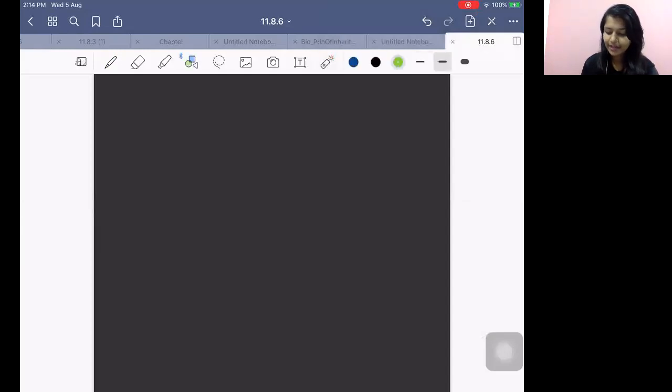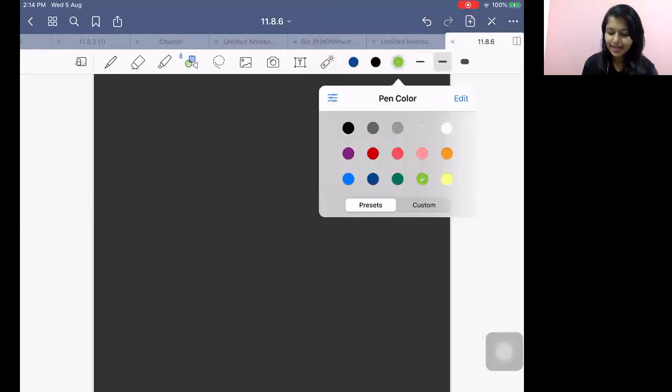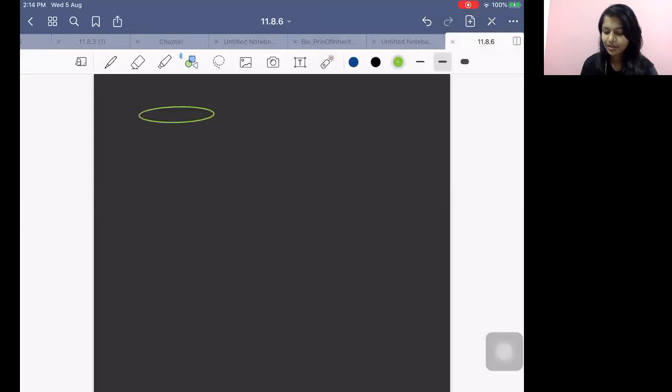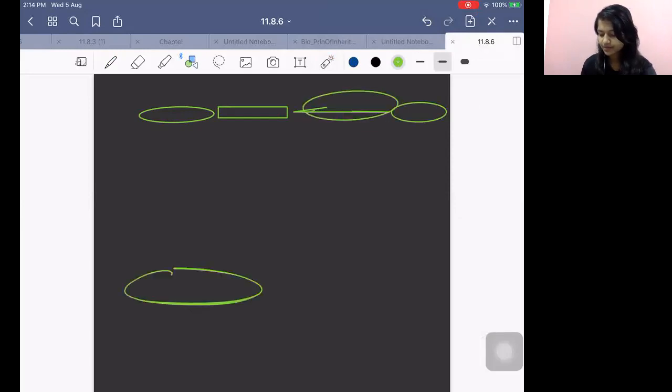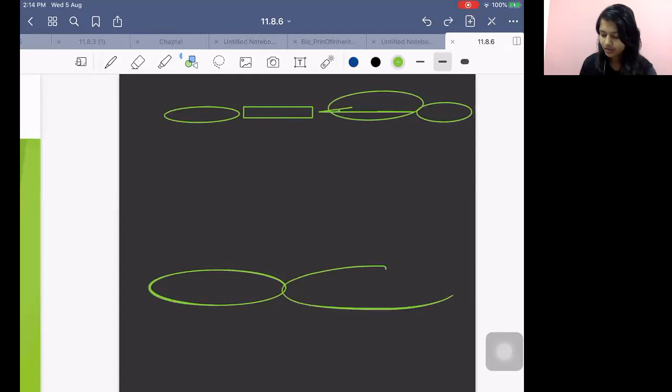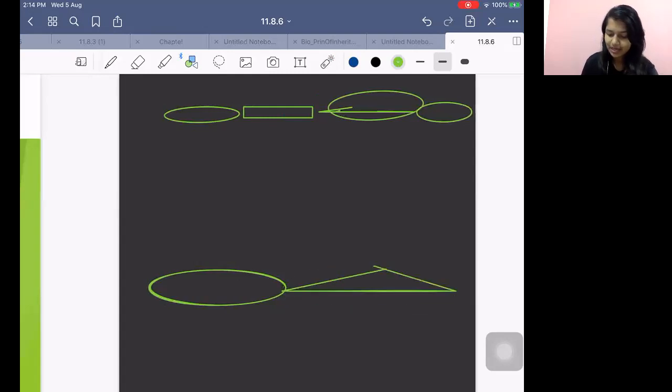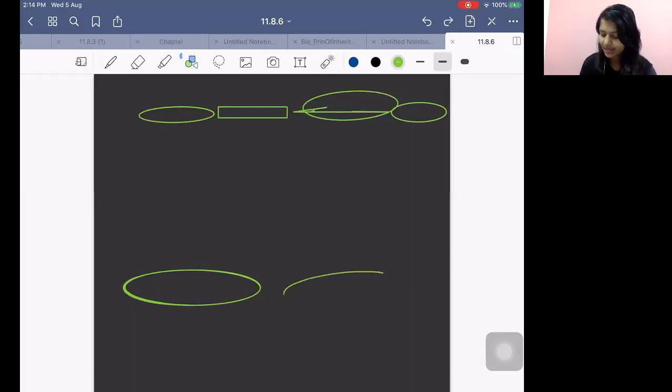First of all, where will you be getting it? Any idea? On the leaf. You will get it on the leaf.